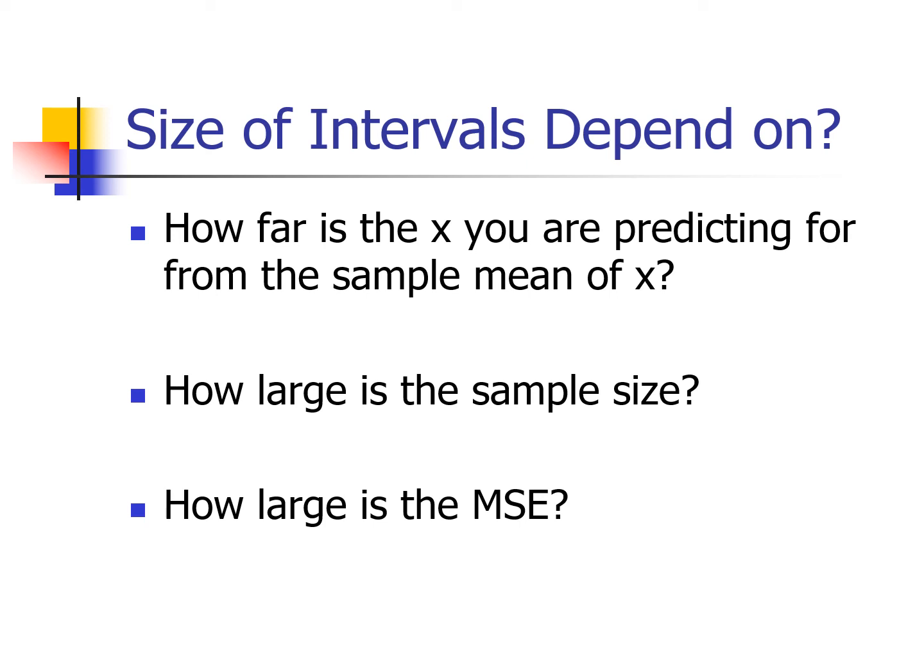It also depends on the MSE. Intuitively, we should expect that larger MSEs will be associated with larger intervals, right? The MSE, the mean squared error, is our estimate for that homogeneous sigma squared, the inherent variability in our error.